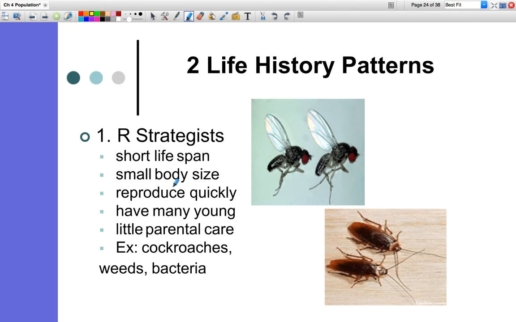So think bugs, think bacteria, think basically pests. You could think of animal organisms that humans consider pests. We don't like flies or roaches or rats or mice.